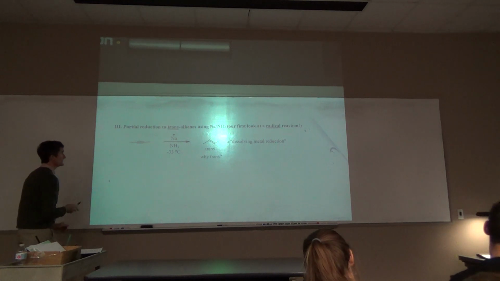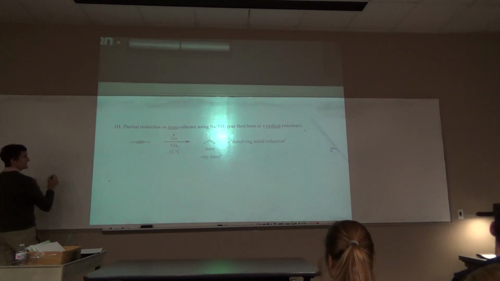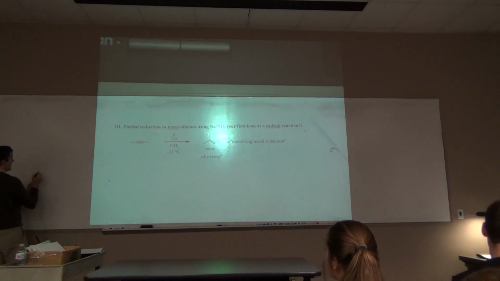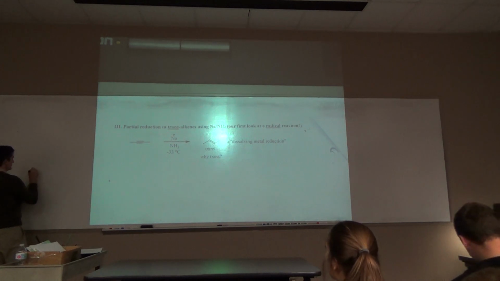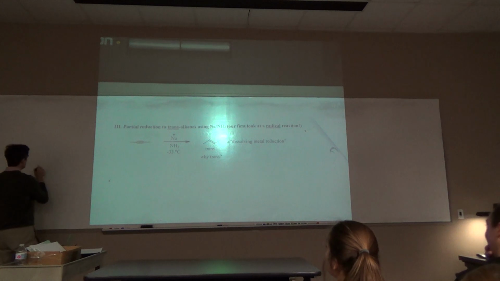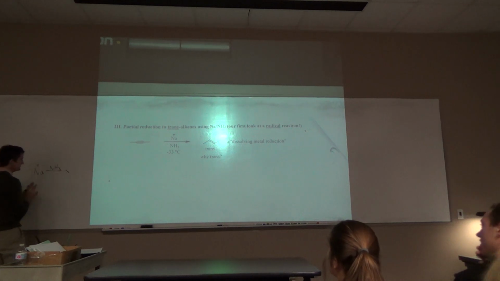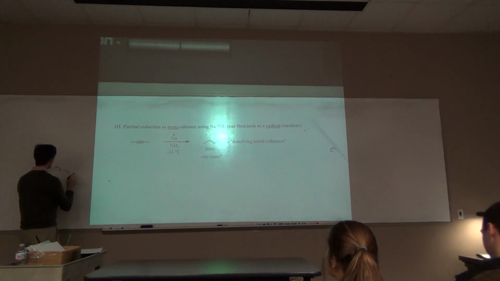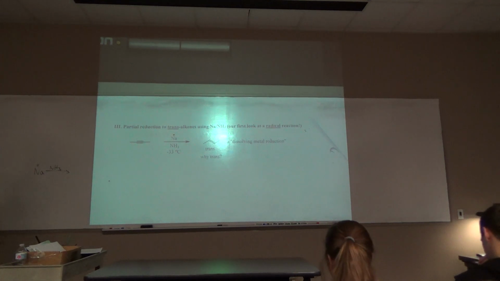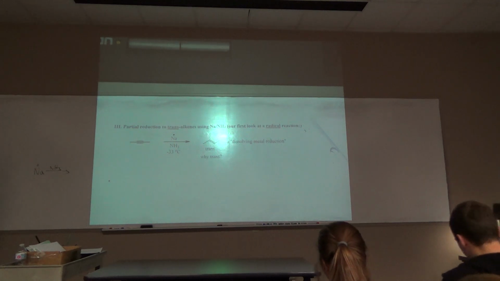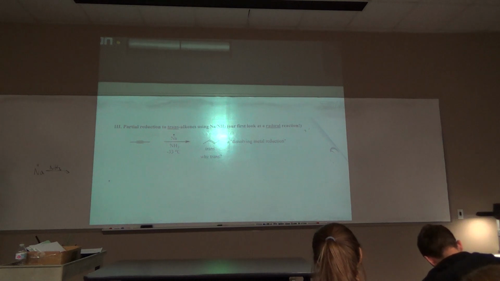Okay, let's look at this mechanism. First off, if you take sodium and put it in ammonia, what does sodium like to do? What does it like to give up? It likes to give you electrons because it likes to give up one electron and become sodium plus, which takes on the electronic nature of neon.